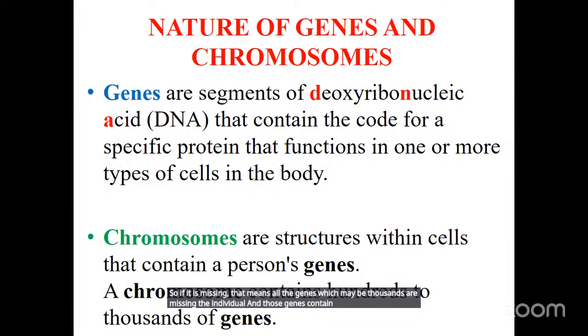So that information too will be missing in anybody that inherits such a chromosome where one is missing, because they are always in pairs. So if one of a pair is missing, it can cause problems. Talk less of two or a whole pair missing.